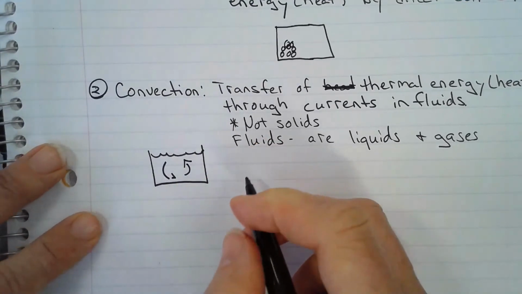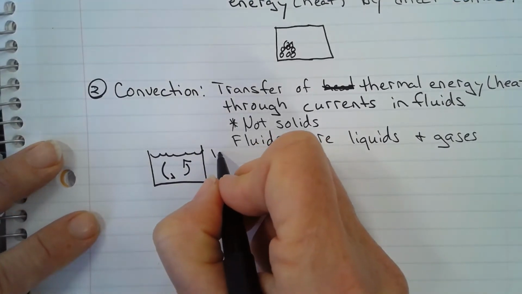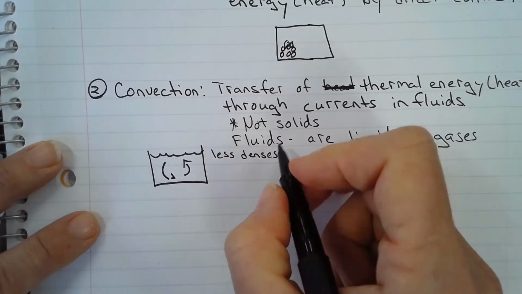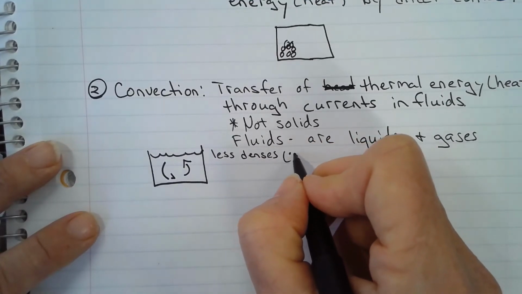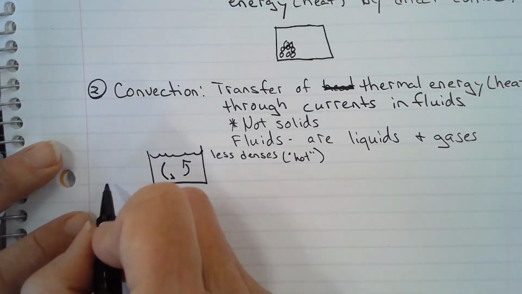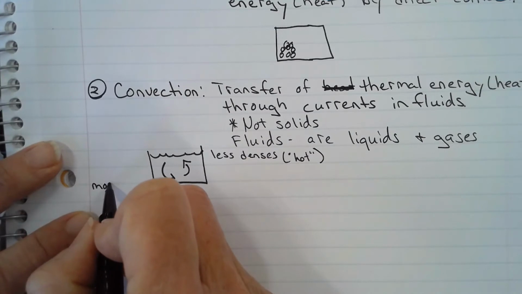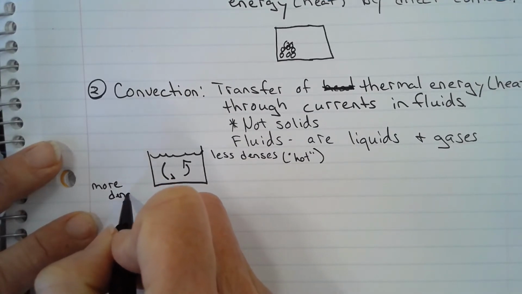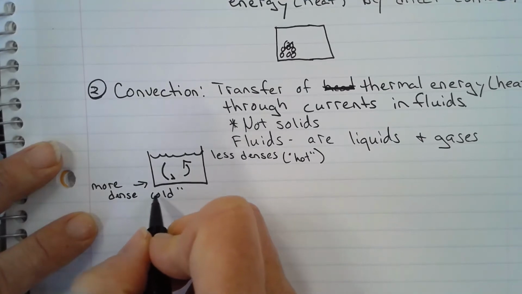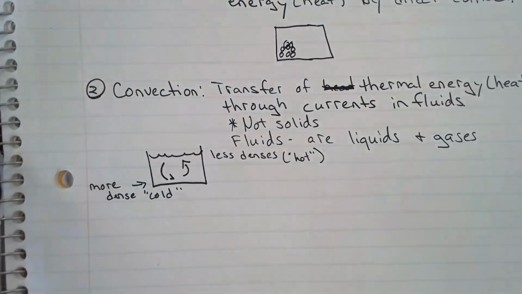And what these arrows indicate is this is your less dense fluids, which is going to be your hot things, and your more dense down here, and this is your cold. And I have them in parentheses because those are relative terms.